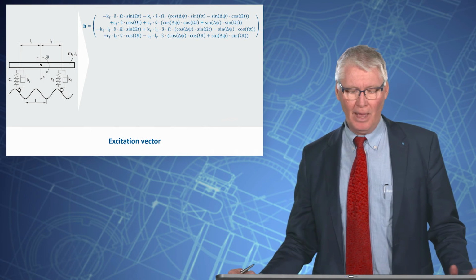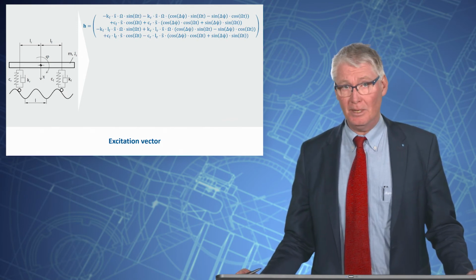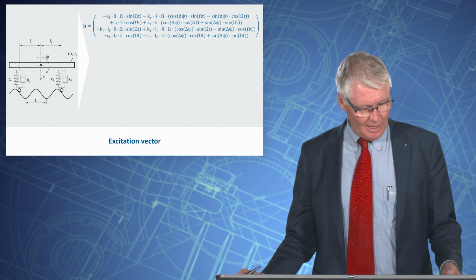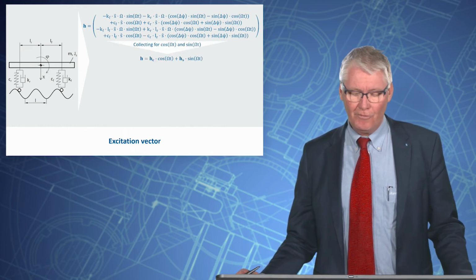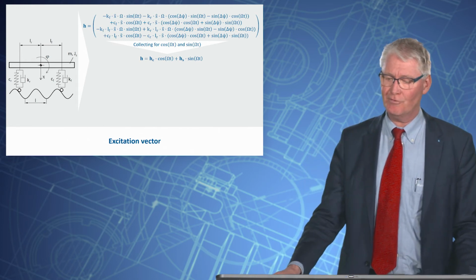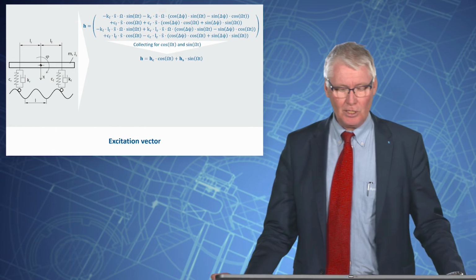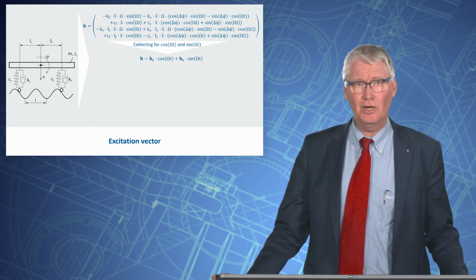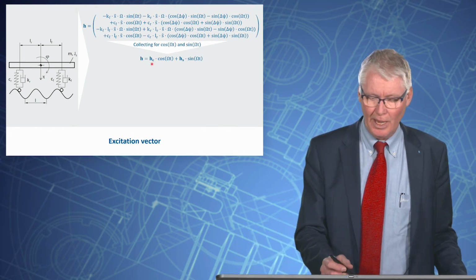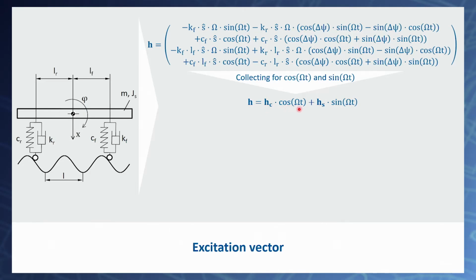And now the question is, how can we make things a little bit easier, because this vector really looks somewhat nasty, and obviously it makes sense to collect for cosine omega t and for sine omega t. So we can express the vector h as the sum of a cosine part, hc times cosine omega t, and a sine part, which is hs times sine omega t.